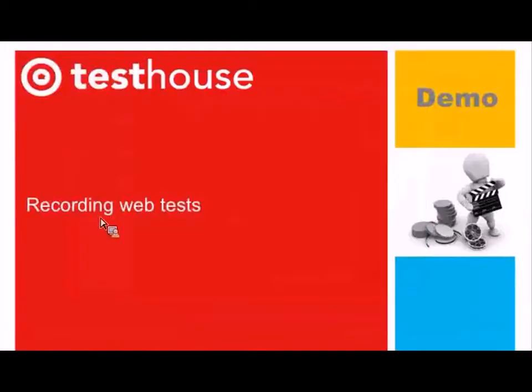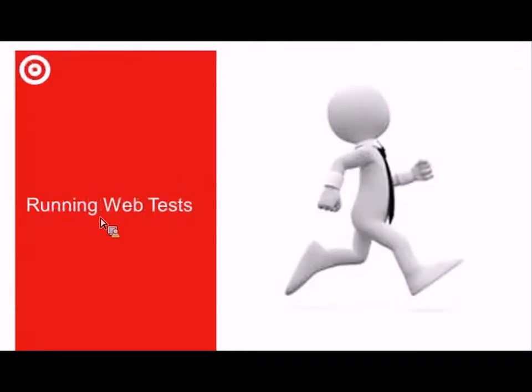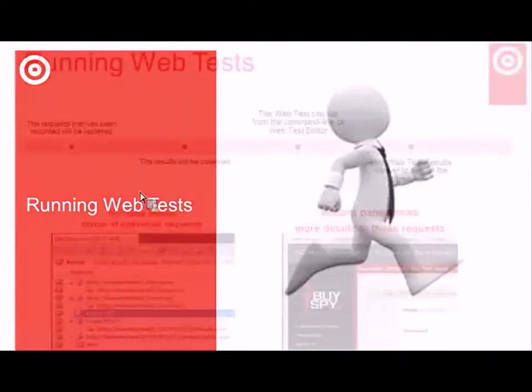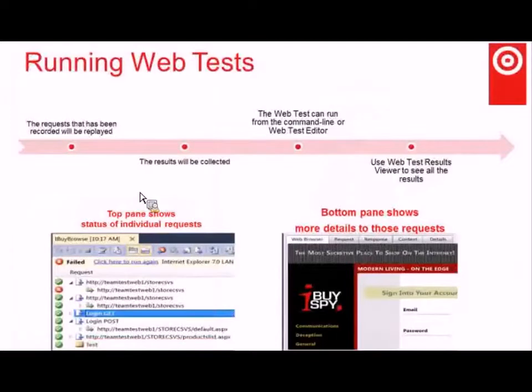Okay, so moving on, what we're going to look at now is running web performance tests. When we run a web performance test, the results will be collected. There's two panes in the web test results viewer. The top pane gives us each individual request and shows us each individual request status, so we can see if a request has failed.